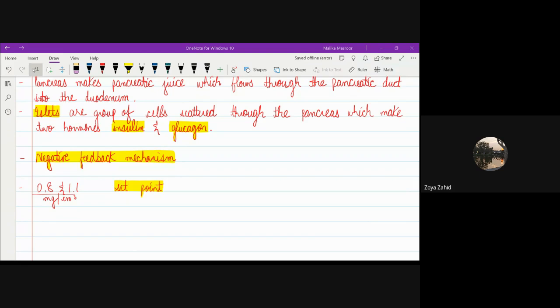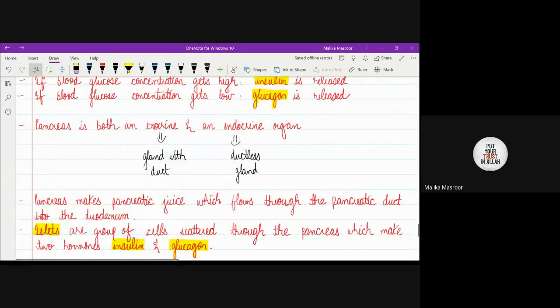Miss, how exactly is the pancreas endocrine and exocrine? See, because it releases secretions both via a duct and without a duct. In your body, there are certain organs that are only exocrine, that only have ducts and produce secretion via ducts. And there are some organs that have no ducts and directly pour secretion into the blood.